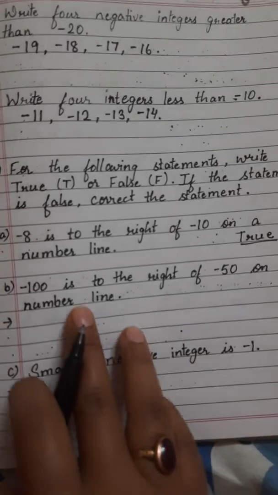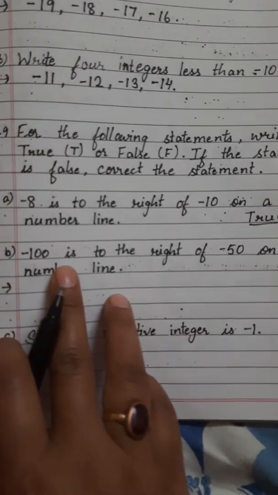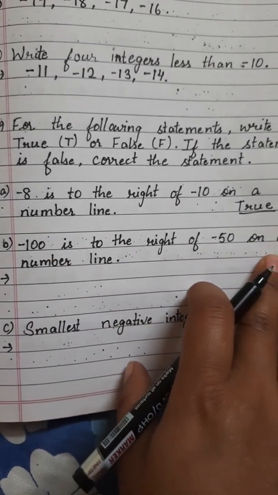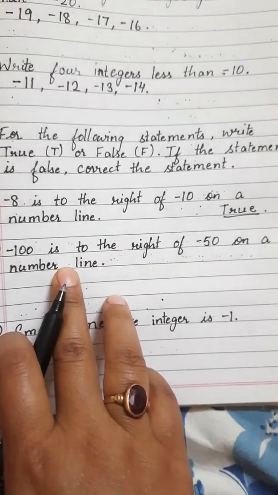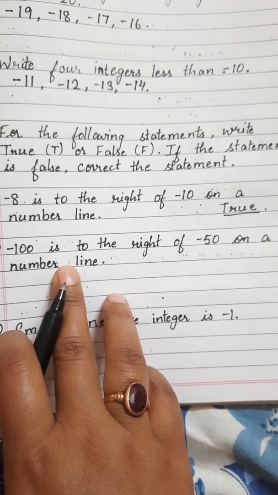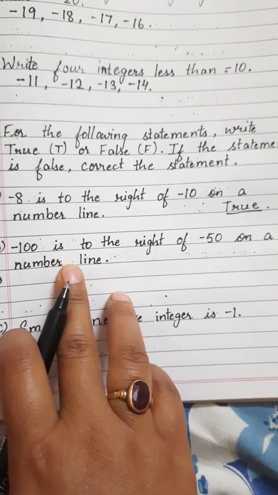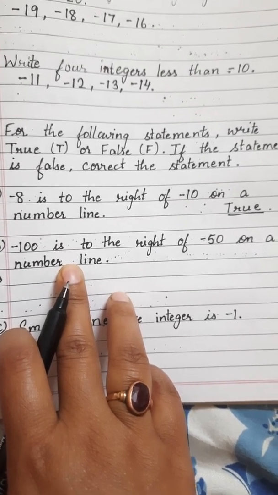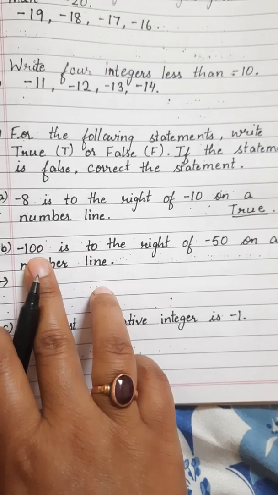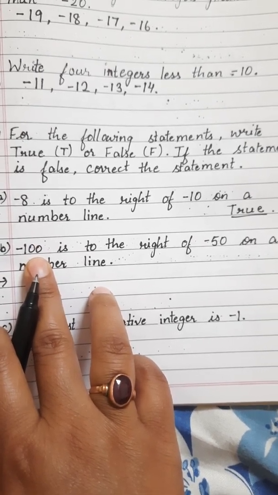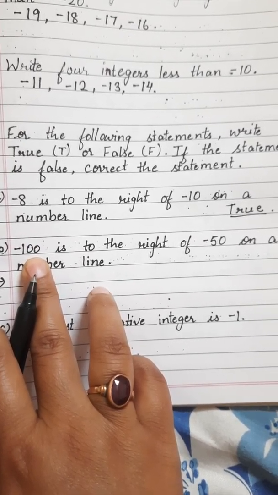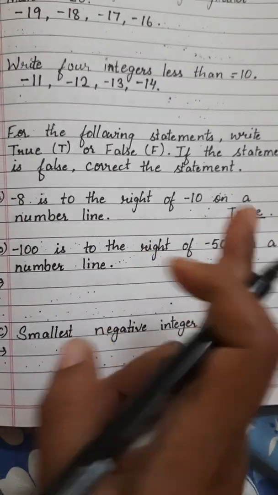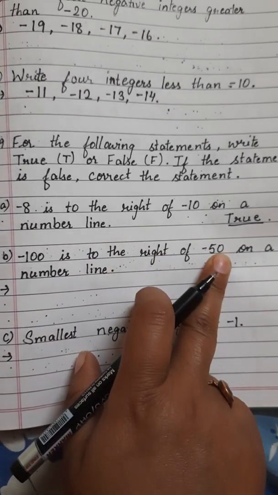Okay. Then next is -100 is to the right of -50 on a number line. -100. What can you see here? 100 is greater than 50, but it is -100. That means the number is smaller, so it will not be on the right hand side, it will be on the left hand side of -50.